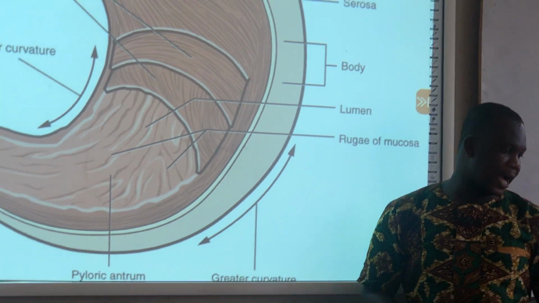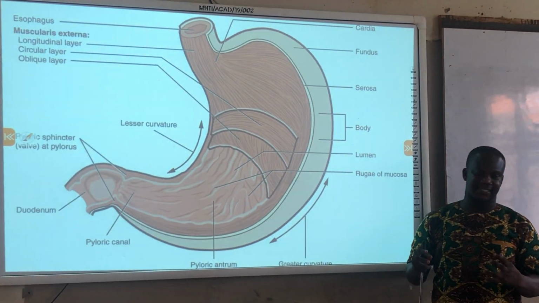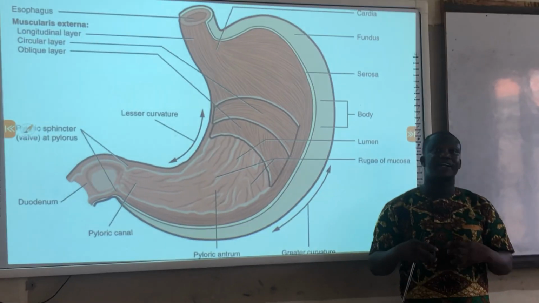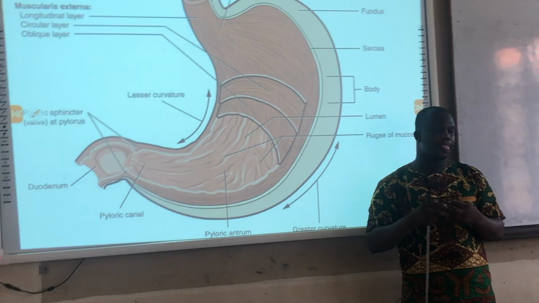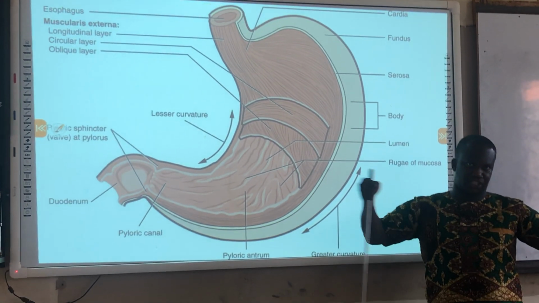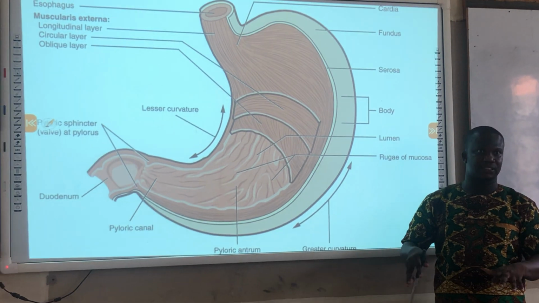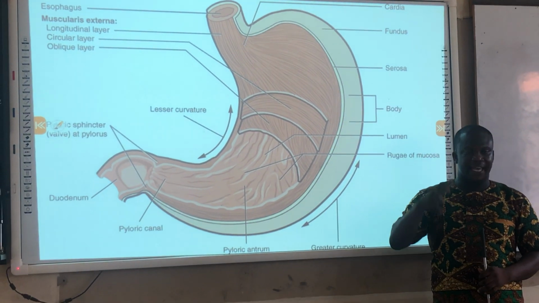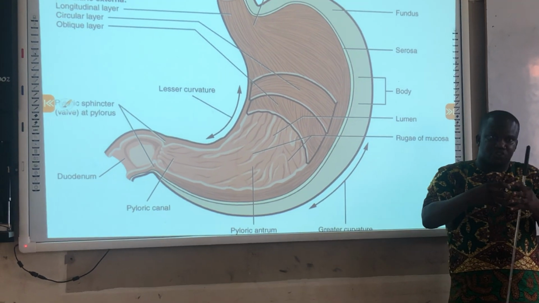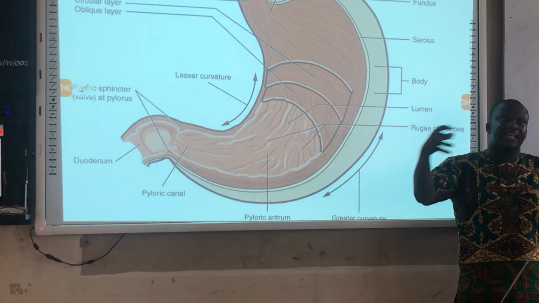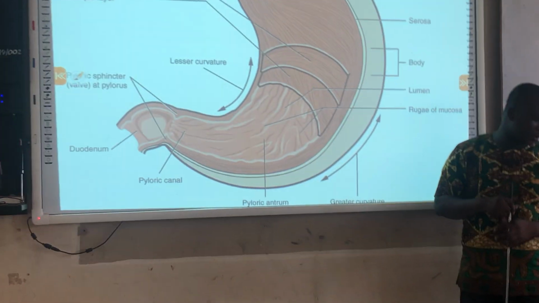Rugae. Now, this is what the rugae do. The rugae, or the folds, allow the mucosa to stretch as the stomach is being filled with food. Gradually, as you are eating, the rugae will be stretching gradually. And as it stretches, it will be filled with what? Food.